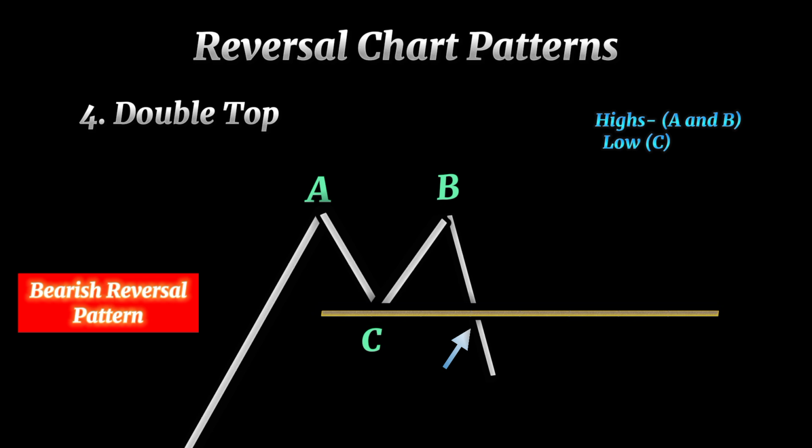The ideal way to trade a double top chart pattern is to wait for price to break below the line and come back to retest it as a resistance. Just like we said previously for the double bottom, as price retraces back to the breakout line, we should watch and observe if price reacts to the line.